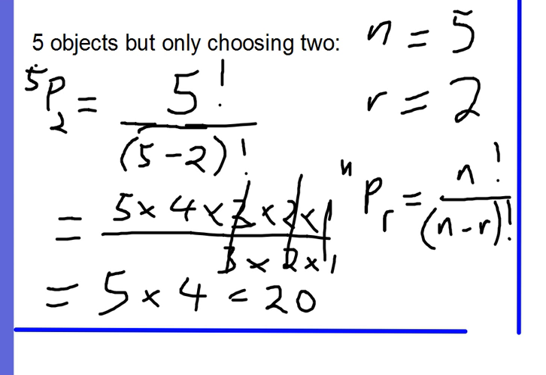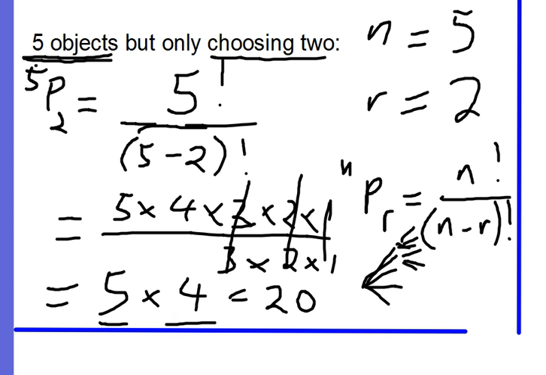Now you can do that on your calculator quite quickly, but I want you to think about it for a moment. If we had 5 objects and we're only choosing 2, we started with 5 possible objects, and then we imagine that tree diagram again, 5 possible objects, 1, 2, 3, 4, 5, and of each of those, 4 remaining objects, 4 possible things, 5 times 4.